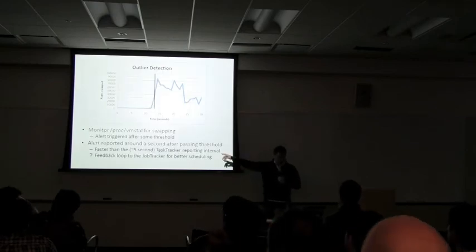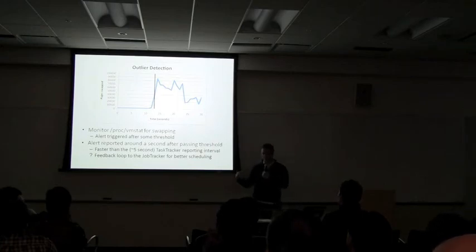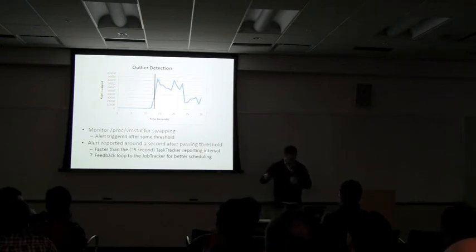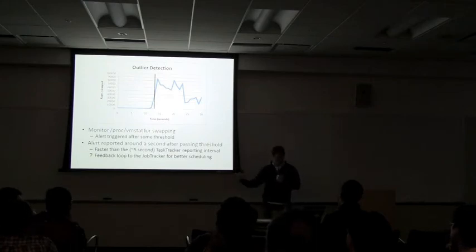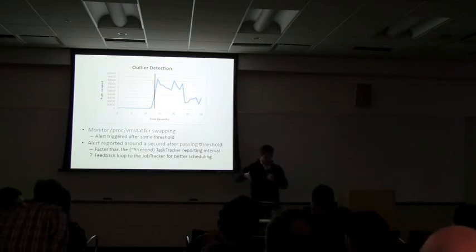And the query that we wrote actually monitors vmstat for swapping. vmstat tells you how much swapping is occurring on the local disk. An alert is triggered in our code after it reaches some threshold. And here I'm showing that threshold being reached with the vertical bar.